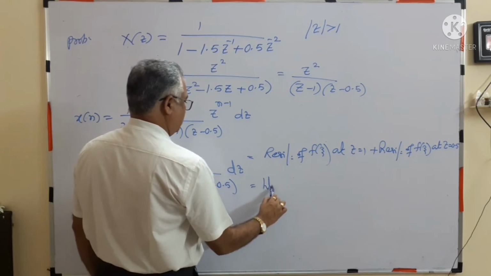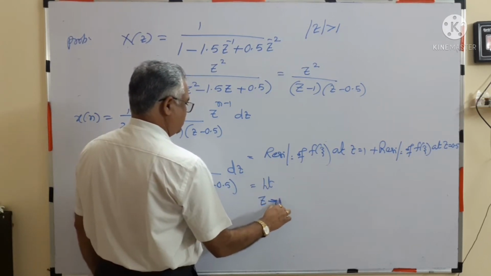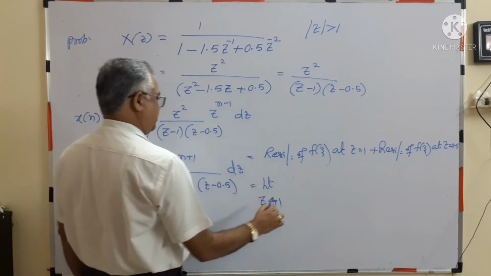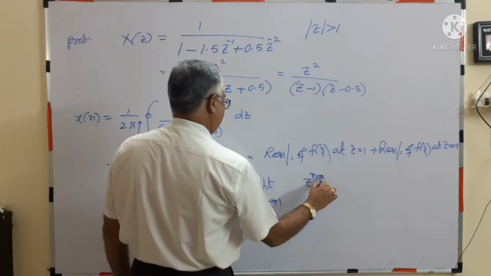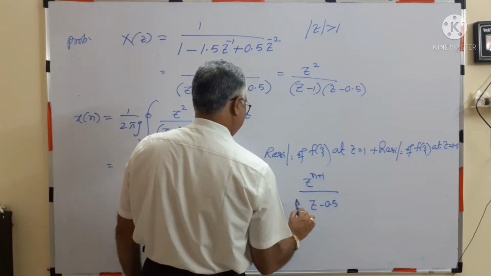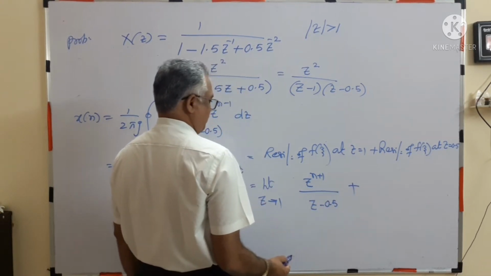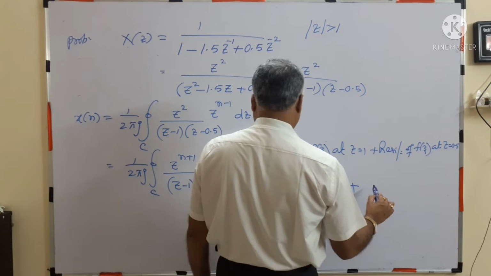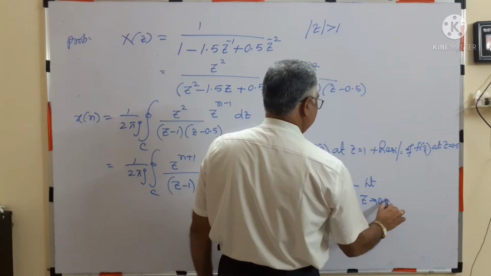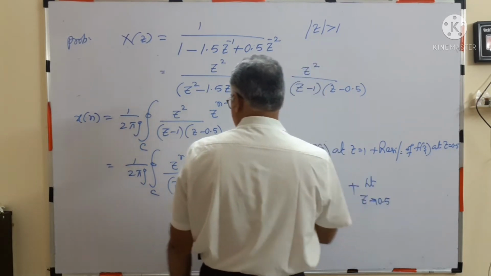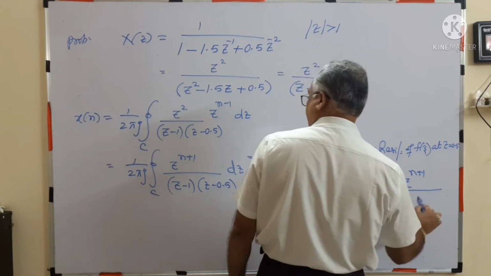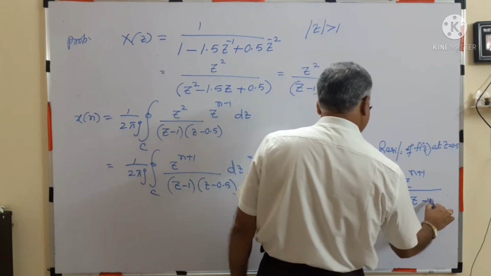So this is nothing but limit z tends to 1, z minus 1 will be cancelled anyway, z power n plus 1 by z minus 0.5, plus limit z tends to 0.5, so this will cancel, z power n plus 1 by z minus 1.